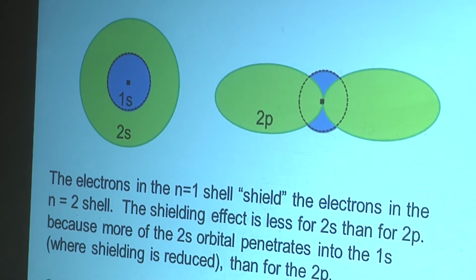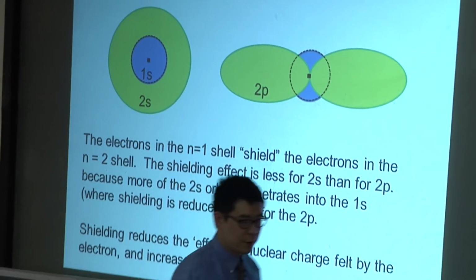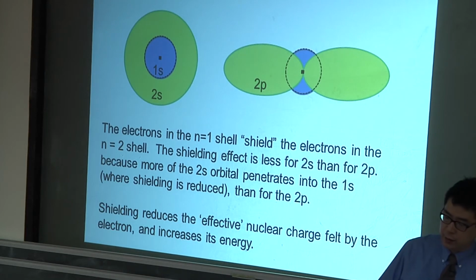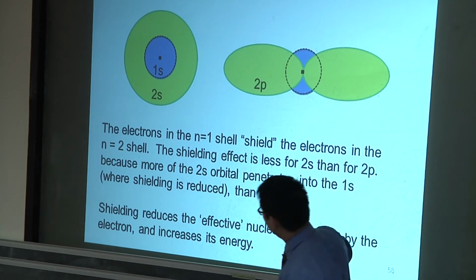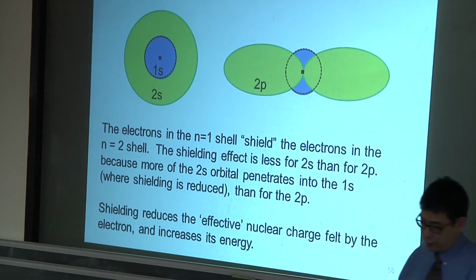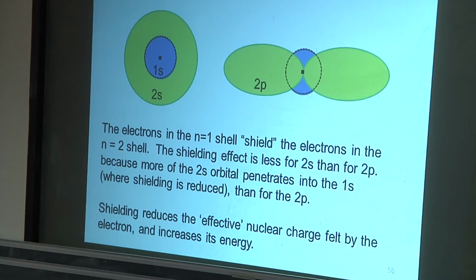And so the shielding reduces the effective nuclear charge, what's felt by the electron. Right? And if it's feeling less nuclear charge, the net effect is it has higher energy. Right? It's not as stable.